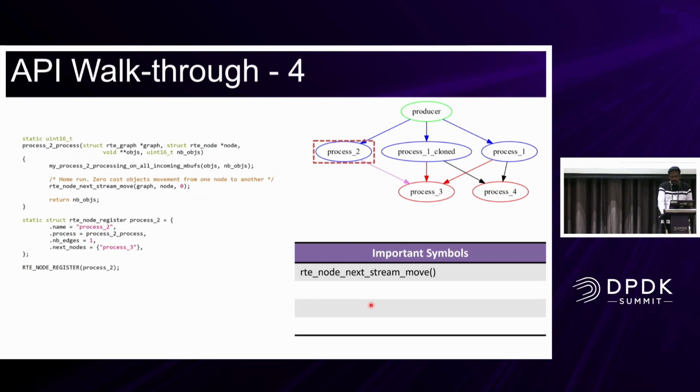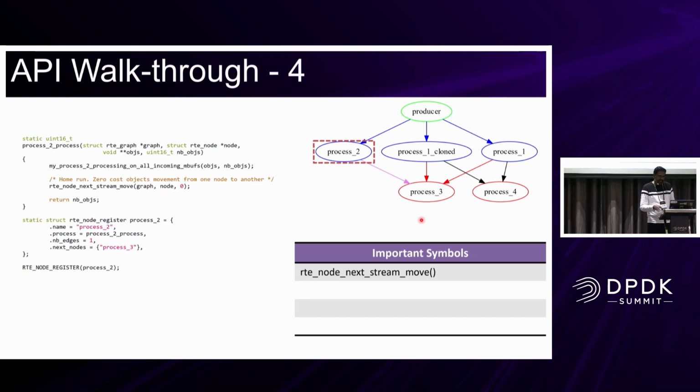Now, this is the third variant of moving the packet from one node to another node. In some cases, hypothetically, we can assume that whatever comes in process 2 you can move directly to process 3.